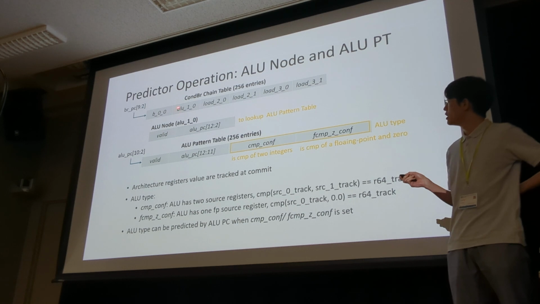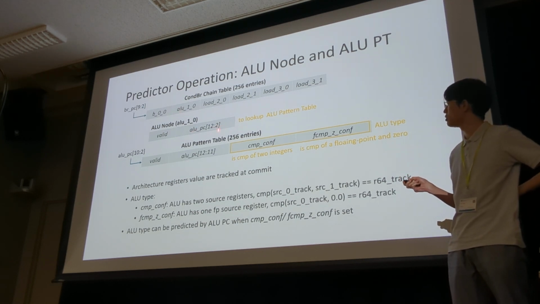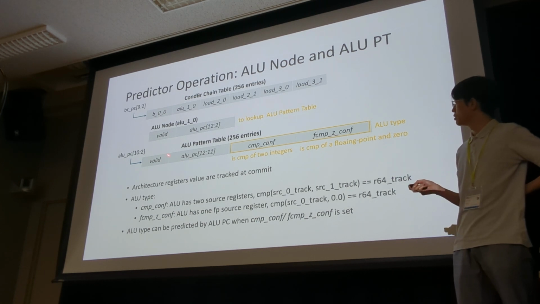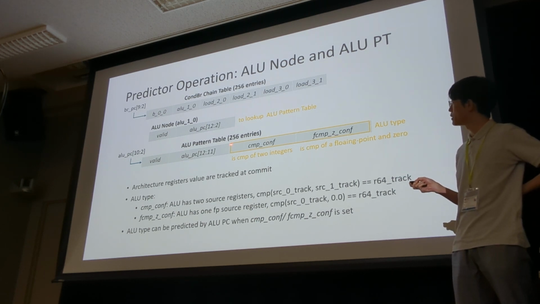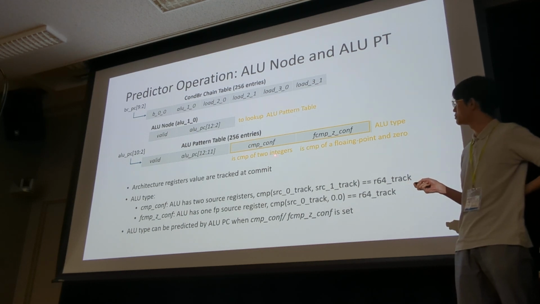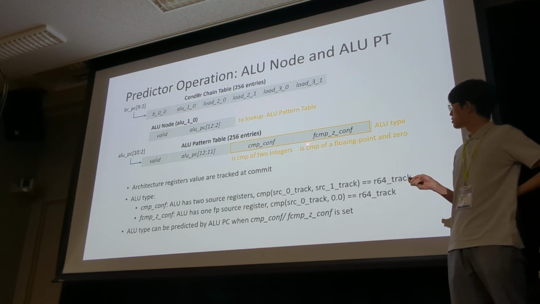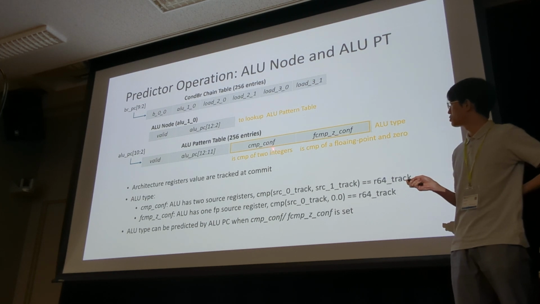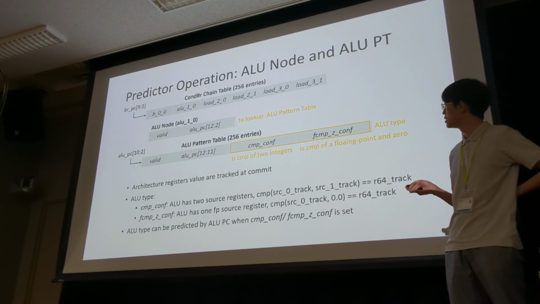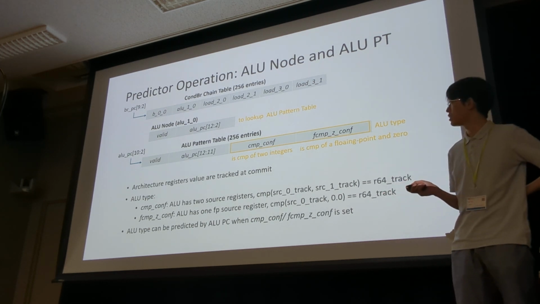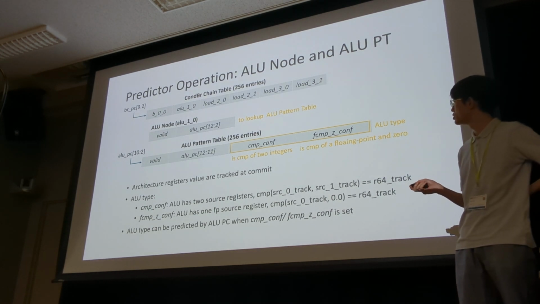So for the ALU node, the ALU PC is recorded, and the PC is also used to look up an ALU pattern table. If it is missed, then a new entry will be allocated. There are two fields to train and record the ALU type. To achieve the training, architecture registers are tracked at commit.